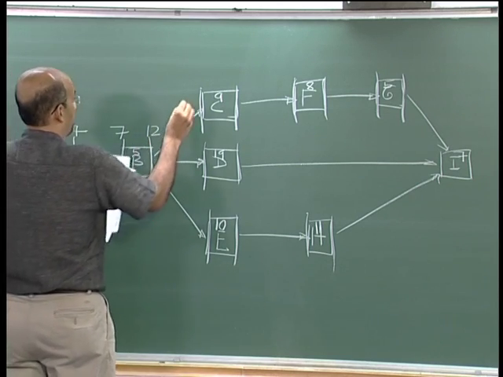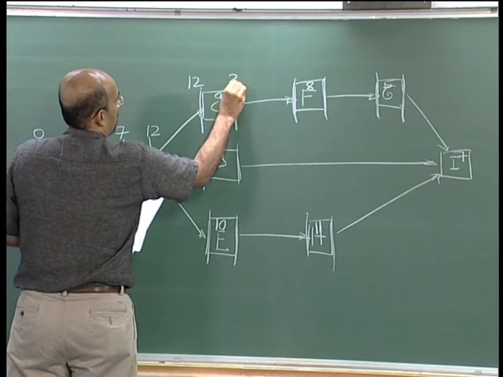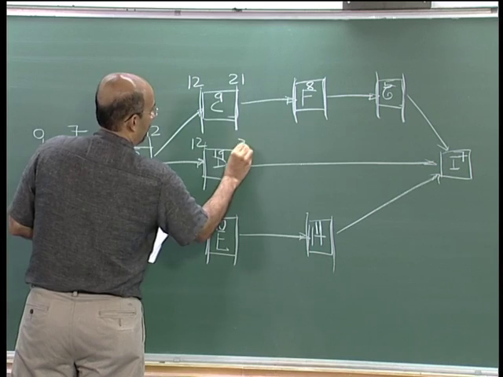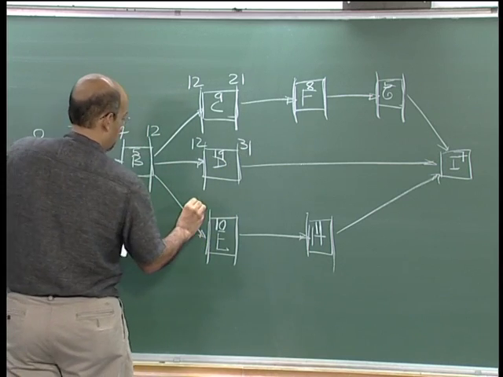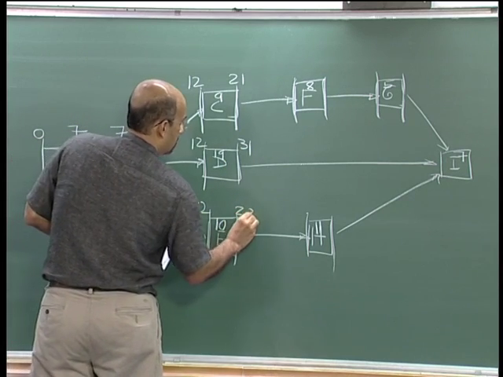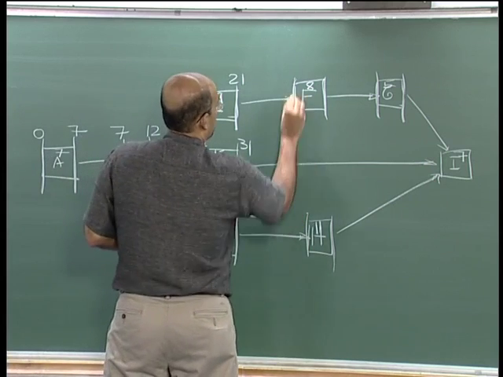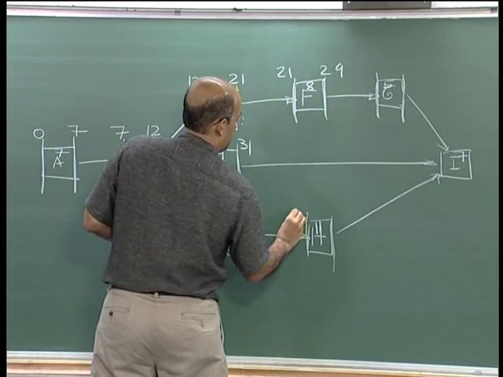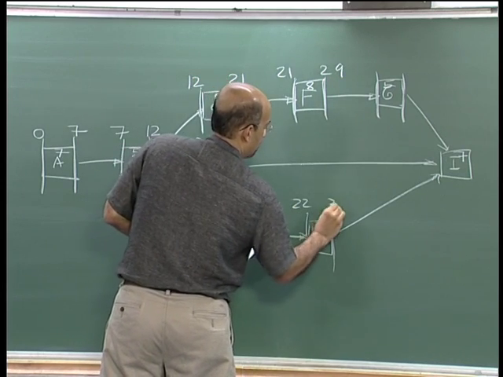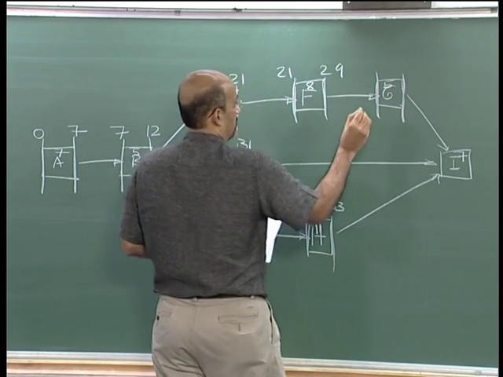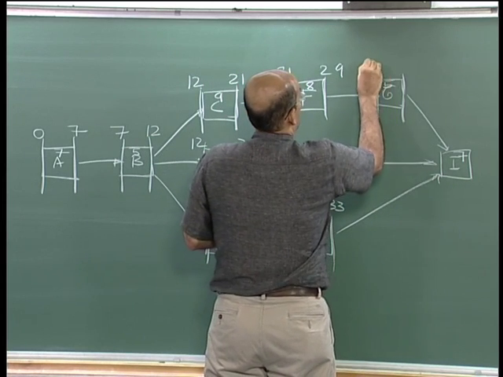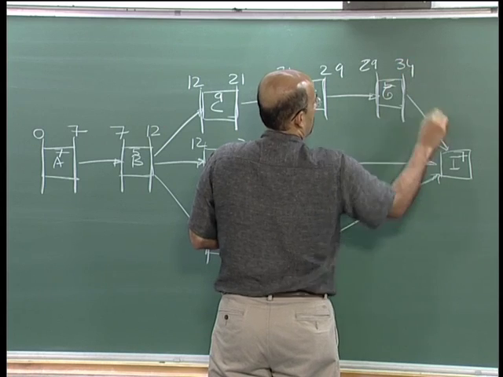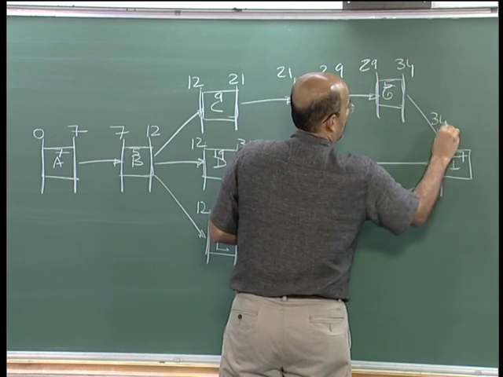So 12, 12 and 21, 12 and 31, 21 and 29, 29, 34, 34, 41.